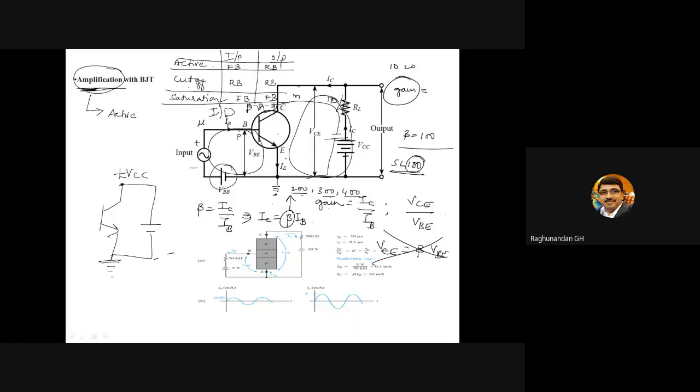Why do we talk more about current only, and not about voltage, in BJT?